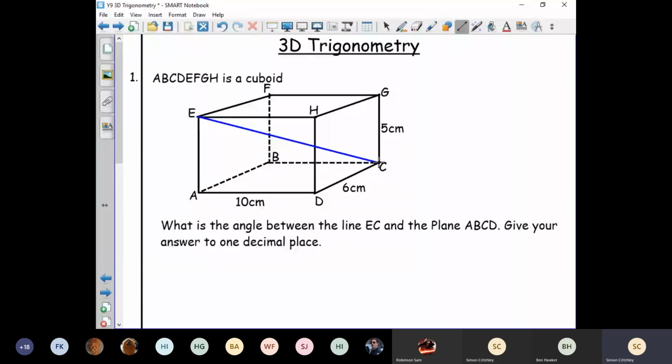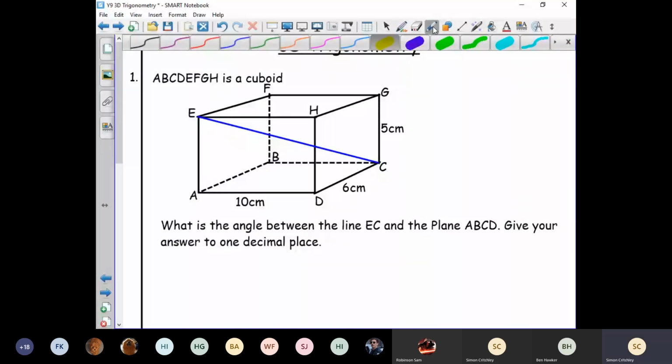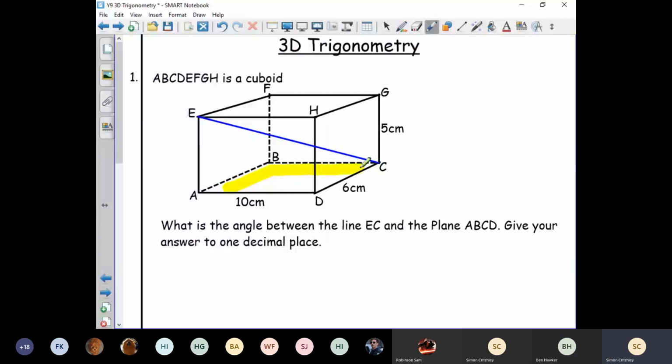Well, the plane is the two-dimensional kind of sheet, if you like, which is the base of this cuboid. So it's this kind of base of the cuboid here, which is the plane of the base. In other words, what we're really saying is the diagonal to the floor of this, the base of this cuboid.